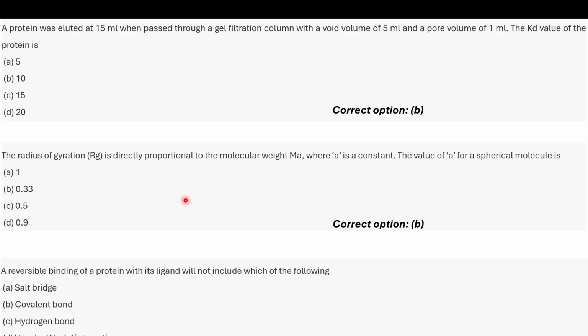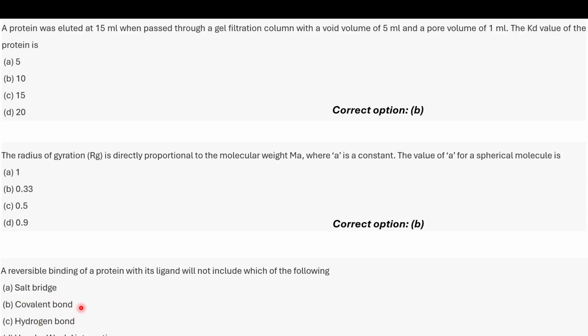Okay. Now a reversible binding of a protein with its ligand will not include which of the following interactions? What will be the answer? So, salt bridge can be reversible, right? Okay. And for covalent bonding, this cannot be broken.